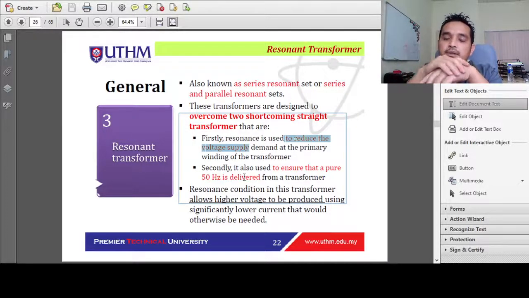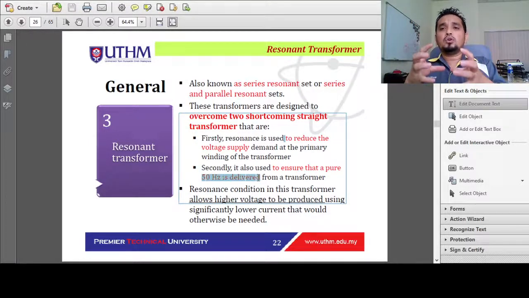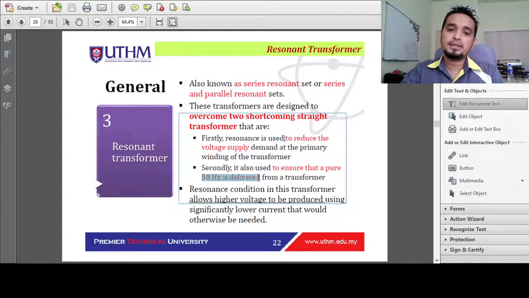In this case, we want to ensure a pure 50 Hz is delivered, because during resonance only the power frequency, the fundamental frequency, will be stressed and become tangible. So in this application, we want to ensure a pure 50 Hz fundamental frequency from the transformer. So we want to address these issues.